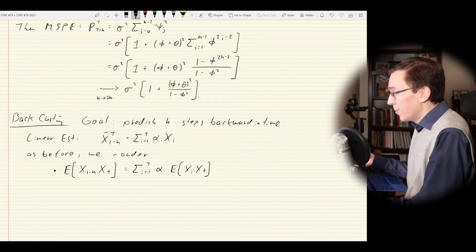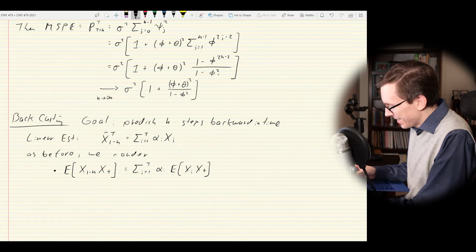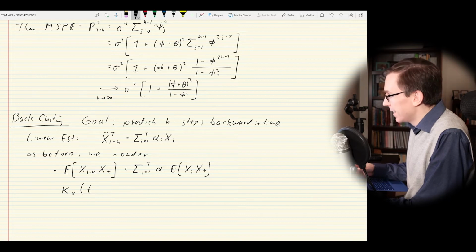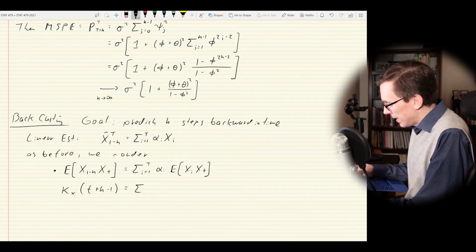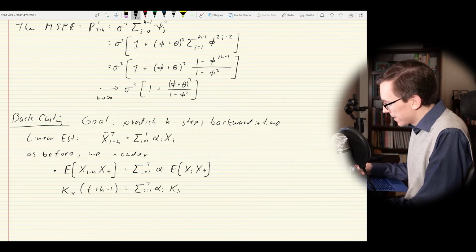All right, great. Well, that's just a bunch of autocovariances, like it always is. This is going to be the autocovariance of T plus H minus 1. And this, on the other hand, is going to be a linear combination, alpha i, of autocovariances of T minus i.